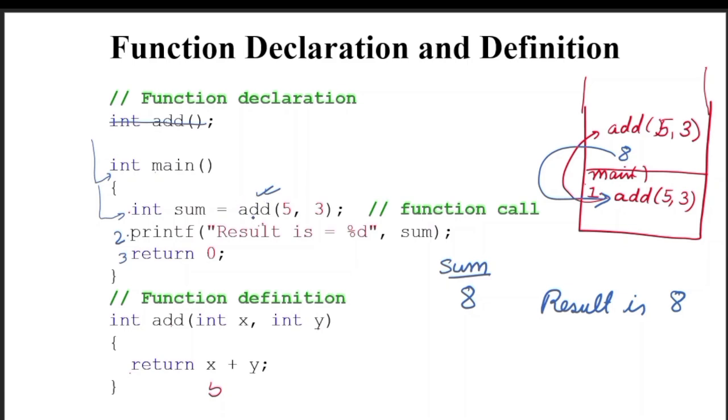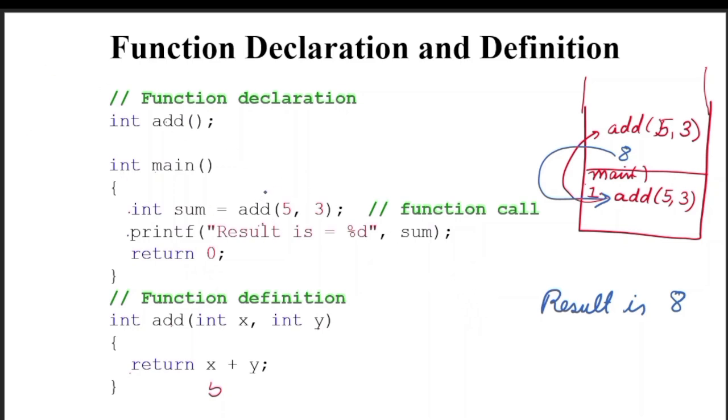This function was not present above, the execution started, and it didn't see that add was present. So it may get confused whether this function is present or not. Okay, during the compilation, not during the execution. So what will happen now? It will create an entire confusion.